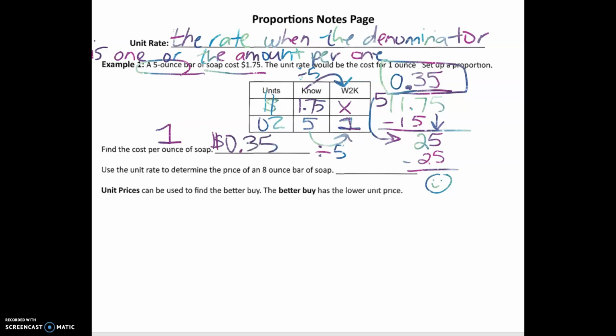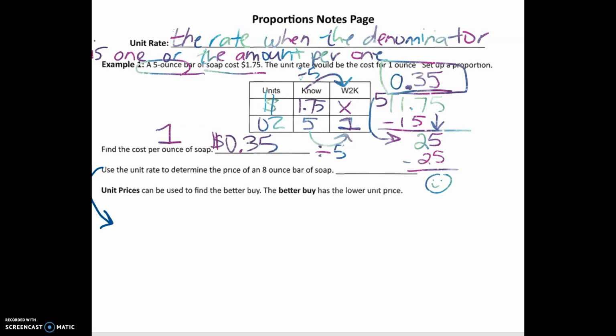The next part says to use the unit rate to determine the price of an 8-ounce bar of soap. We just found the 1 ounce, so now we need to figure out what about if I wanted 8 ounces, right? I'm going to do that work down below where I have some space.